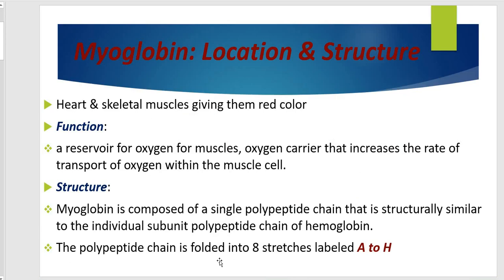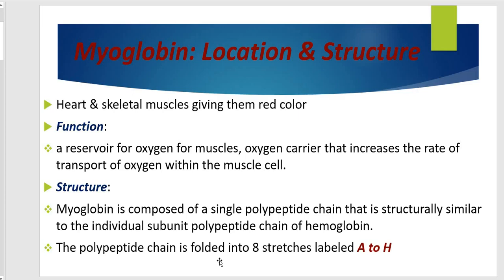So let's talk about myoglobin structure and location. Myoglobin is one of the heme proteins. It is formed of the heme group with the globin part, which is the protein part of myoglobin. Its location is in the heart and skeletal muscles. It gives them the red color.